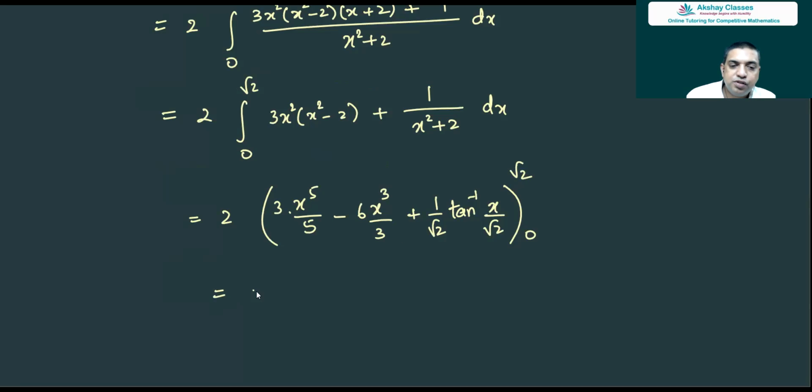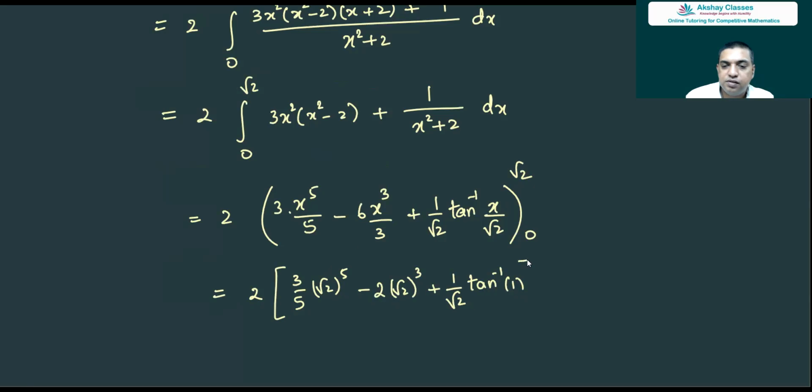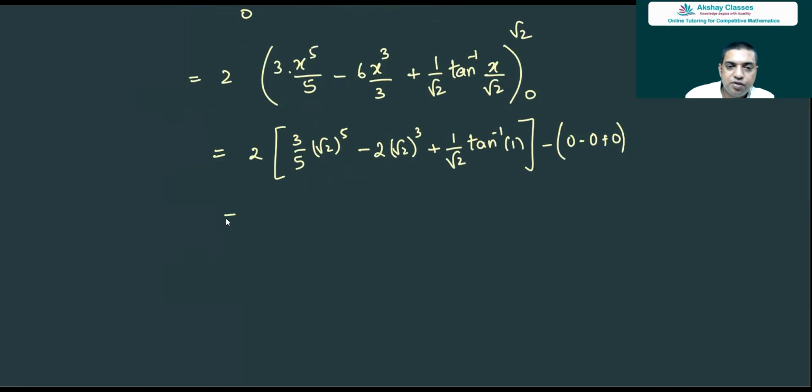So now substitute the upper limit: root 2 whole power 5, that is root 2 whole power 4 times root 2, and 2 root 2 whole cube, plus 1 by root 2 tan inverse 1, minus 0 minus 0 plus 0. When you substitute the second limit, it is 0.